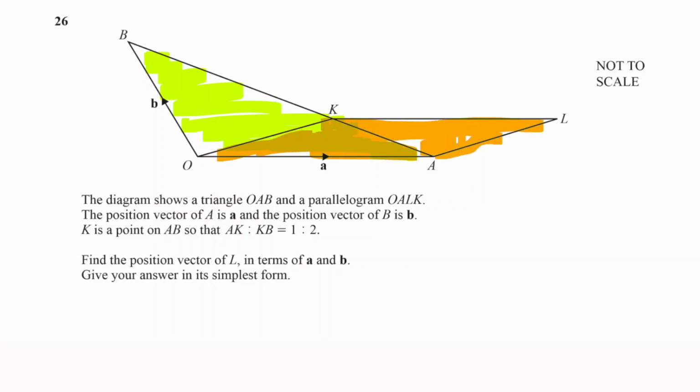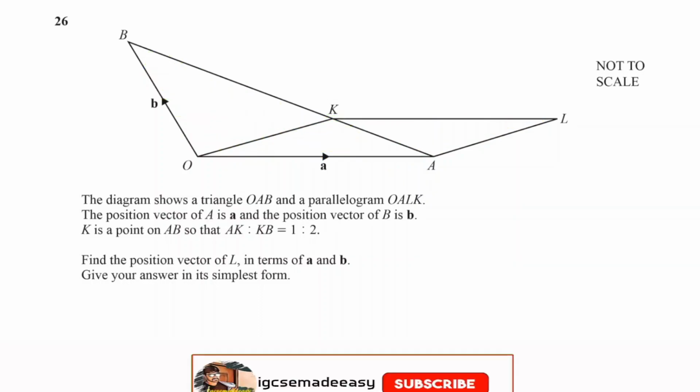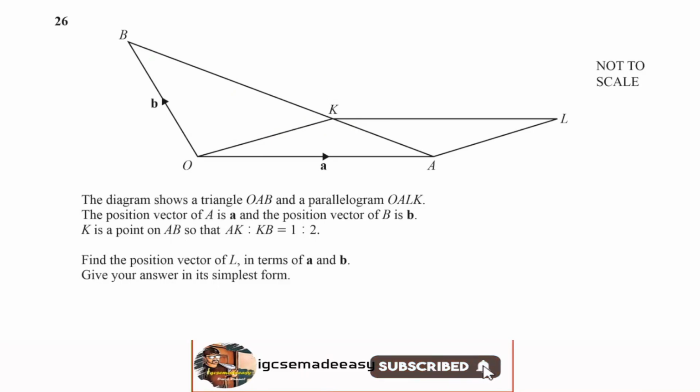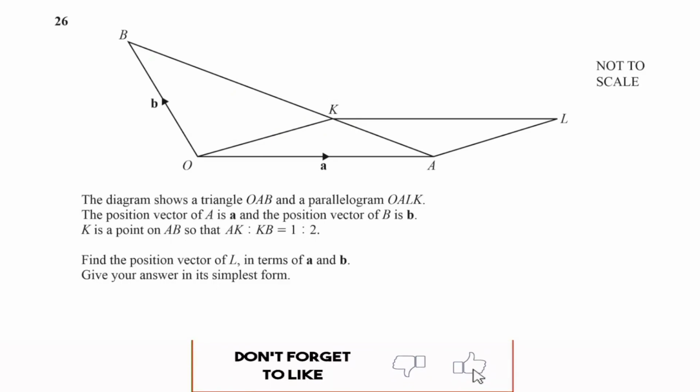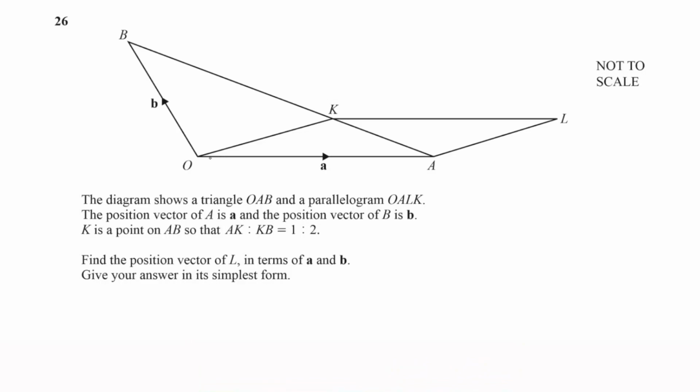Okay, let me erase now. So these two are the triangle and parallelogram, and the position vectors are given, that is a and b. If this is a parallelogram, then the opposite sides should be equal, right? So OA will be equal to KL, so this will also be equal to A, correct?